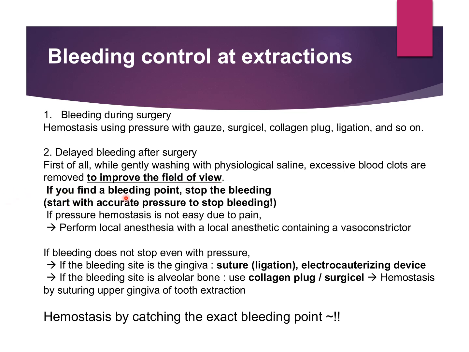If you find a bleeding point, stop the bleeding. Start with accurate pressure. If pressure hemostasis is not easy due to pain, please perform local anesthesia with a local anesthetic containing a vasoconstrictor. If bleeding does not stop even with pressure, and the bleeding site is the gingiva, please suture or ligate.